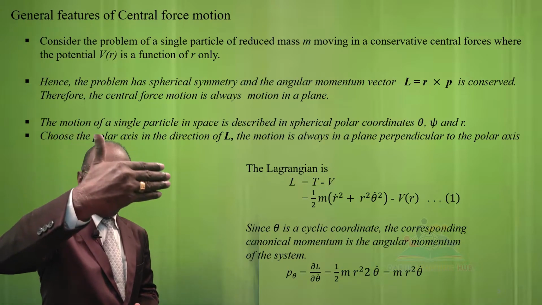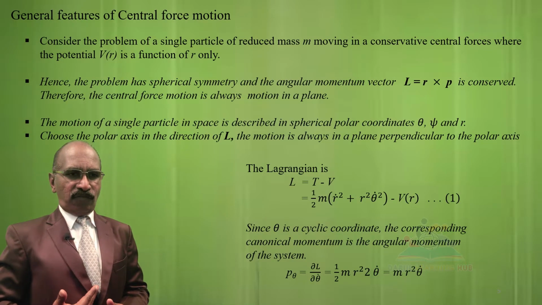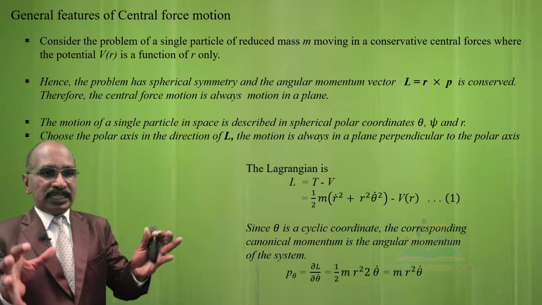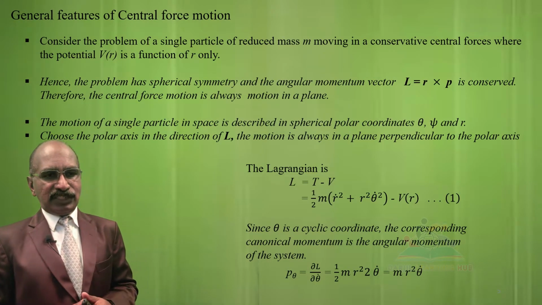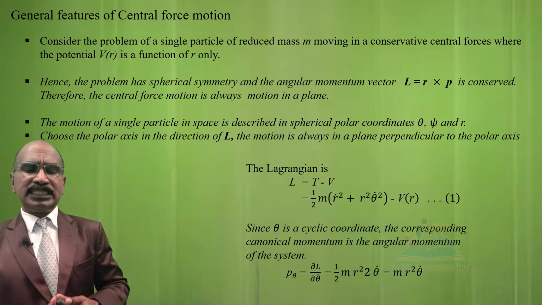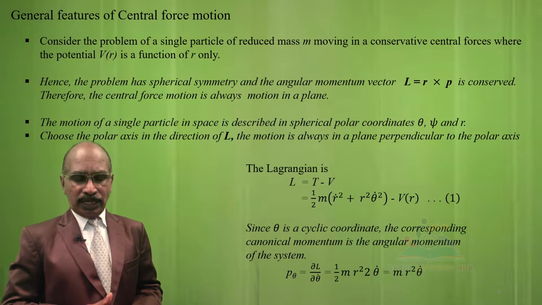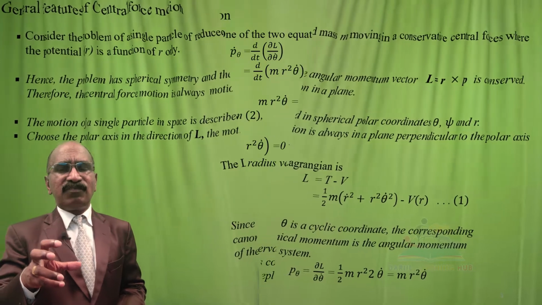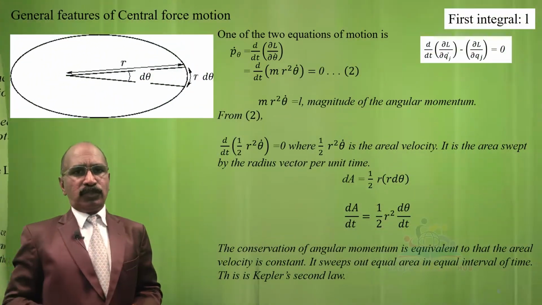Therefore, differentiate equation number 1 with respect to theta dot, and that will give you the canonical momentum. When you differentiate, you get m r square theta dot. Now, we can easily go for the first integral, or we can easily write down the equation of motion.